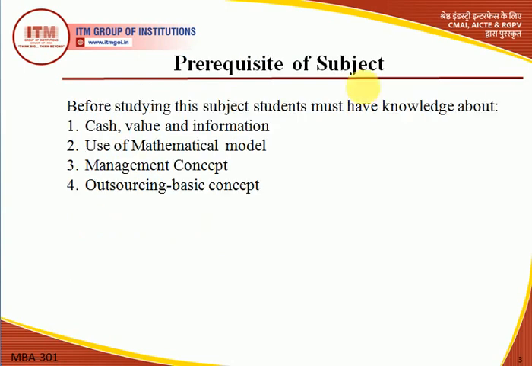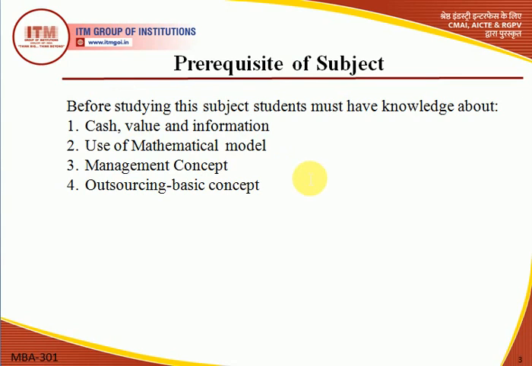So what are the prerequisites of the subject? Before studying this subject, the student must have knowledge about some points. As you all are management students, these terms are very well known to you, that is, what is cash, what is value, and what is information. Second one, use of mathematical models. These mathematical models are necessary in order to solve some numericals related to supply chain management.